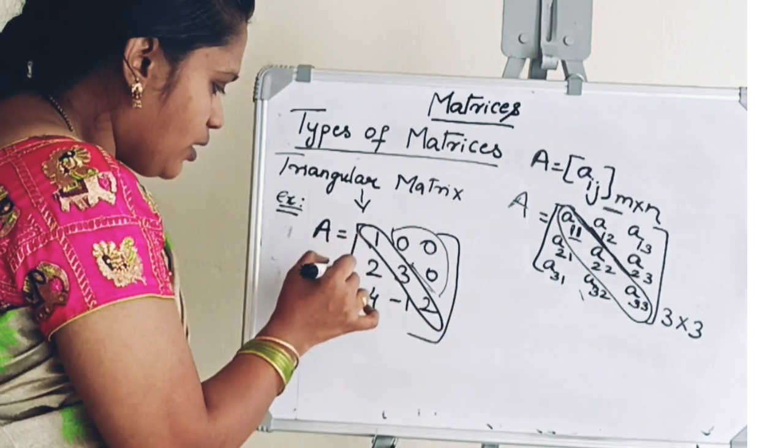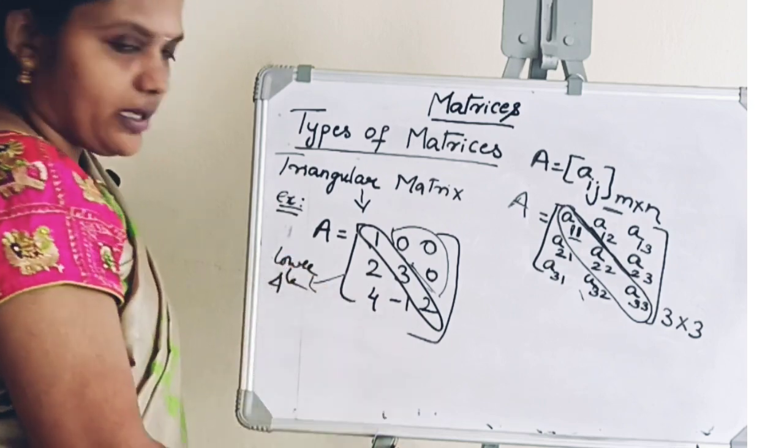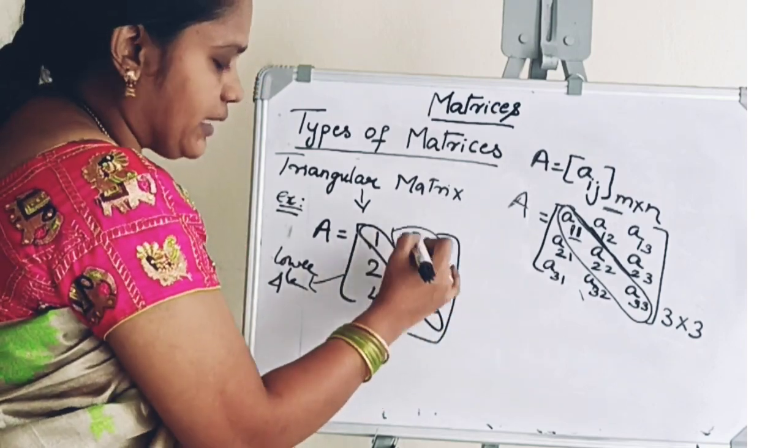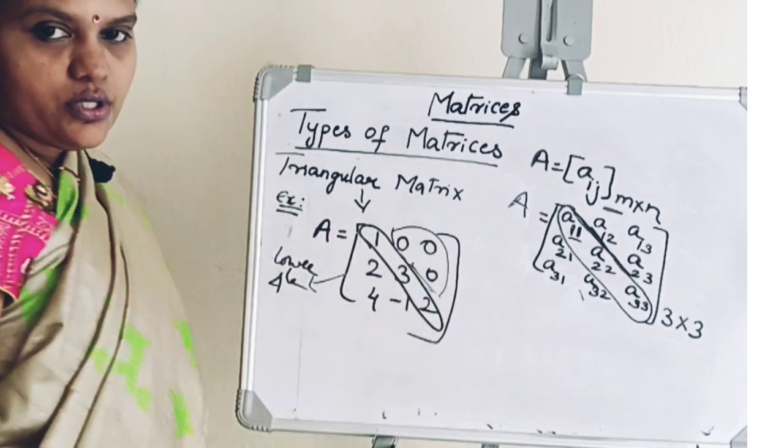So this is a lower triangular matrix. Why? Because in the upper triangular section of the matrix, all the entities are equal to 0.